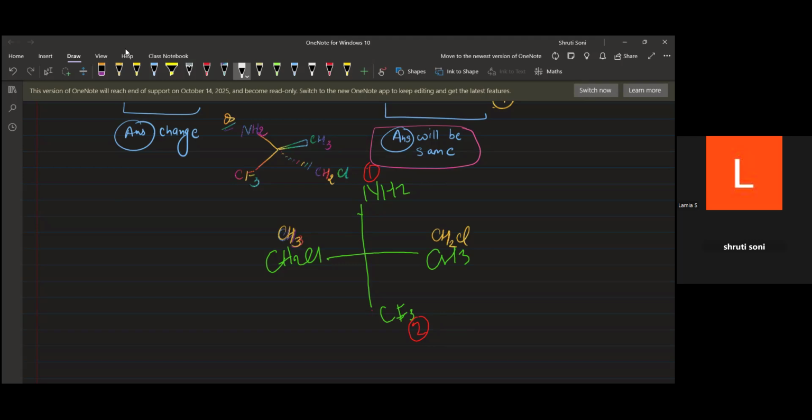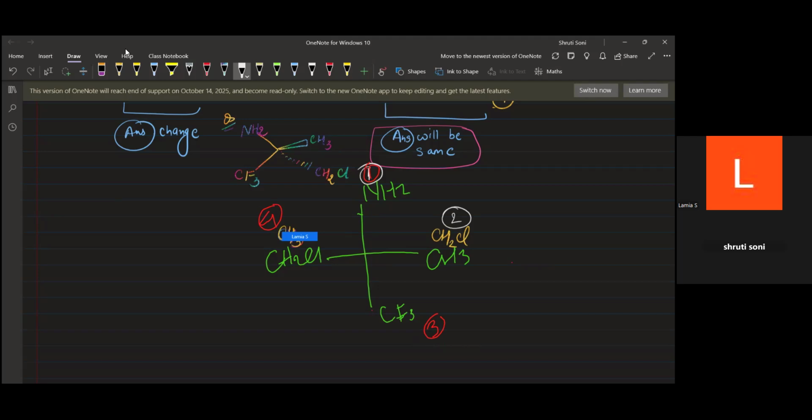Wouldn't it be fluorine? No, it's chlorine. Chlorine has more atomic mass, okay? So it will be second. First and second. Then which is third and which is fourth? I think the one with fluorine would be third, right? Yes. And lastly, this one.